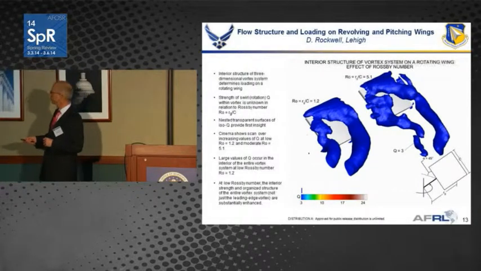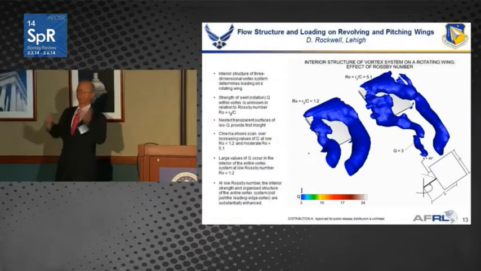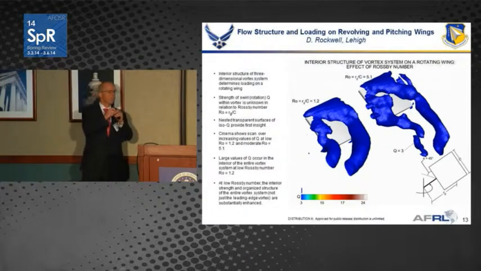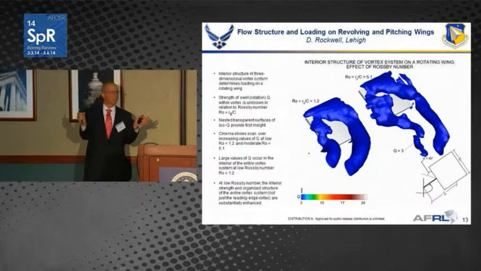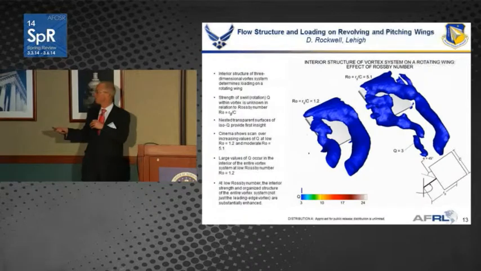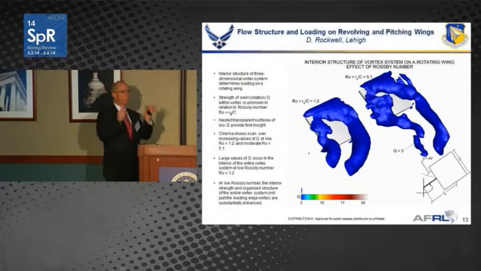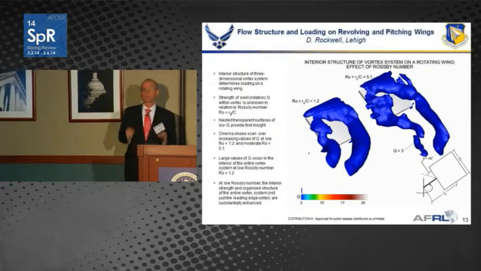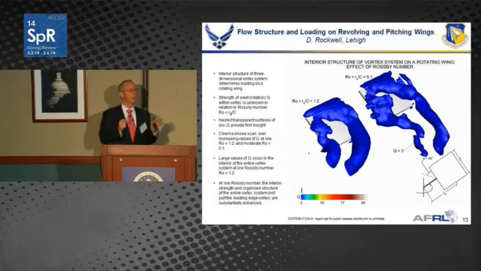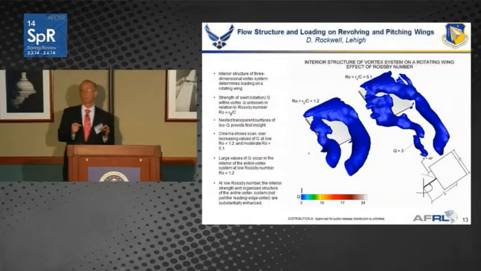What we're visualizing here are something called Q contours. Basically, if you were to look at smoke visualization of these flow fields, you would see these blue contours. We're mapping out the vortices that are in the flow field, and the strength of those vortices is very important in determining aerodynamic forces and moments that exist on these wings.